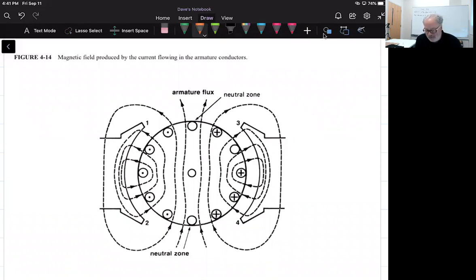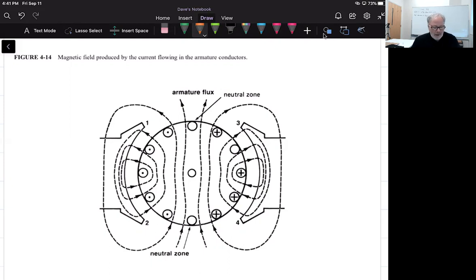If the brushes are shorting out the commutator segments for a particular coil in this position, normally we would hope that there would not be any flux, but now there is. We get the situation that we try to avoid, where current is flowing in the coil when it's in what should be the neutral position. That's a problem. Arcing, sparking, all that sort of thing that we talked about earlier occurs.